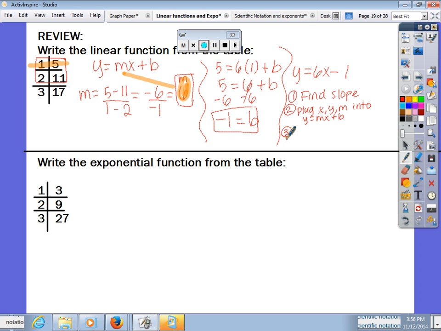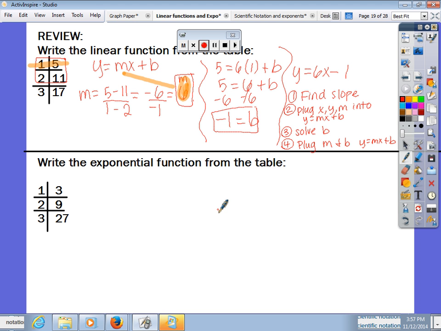Third thing you do, solve for b. And then the fourth thing is you substitute m and b back into y equals mx plus b. So this is the 4-step process that you're going to keep doing.